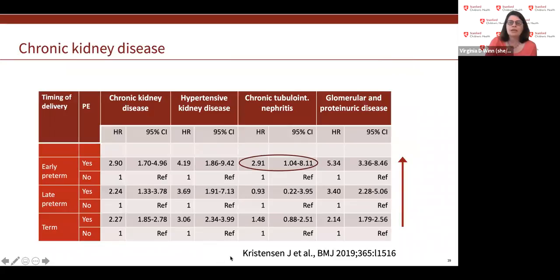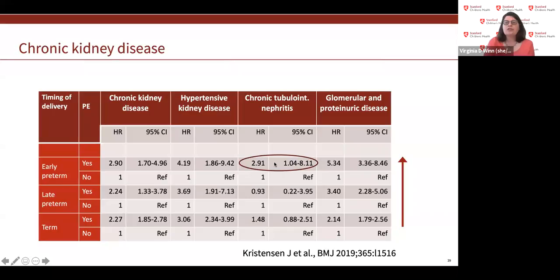When you look at chronic kidney disease, what's interesting here is that overall, the risk is fairly similar regardless of when you present. Hypertensive kidney disease is the highest risk with hypertensive disease of pregnancy, showing earlier having higher risk.